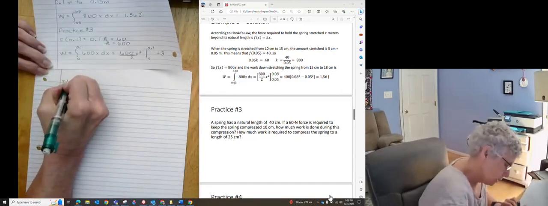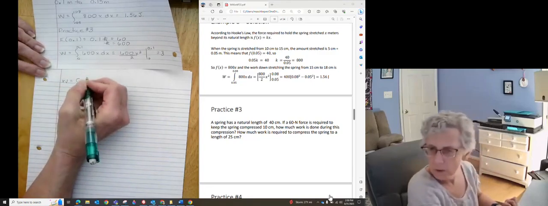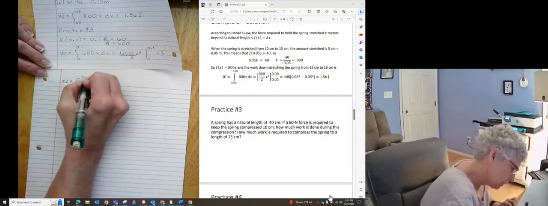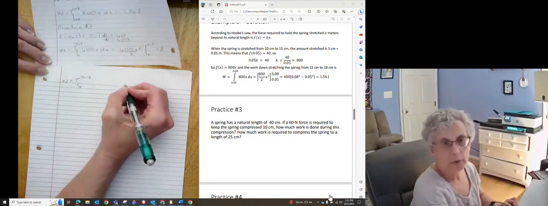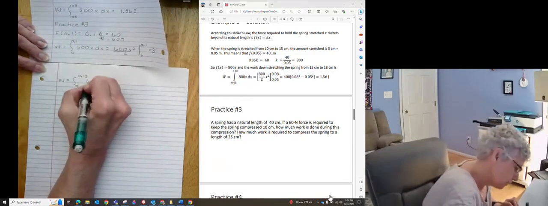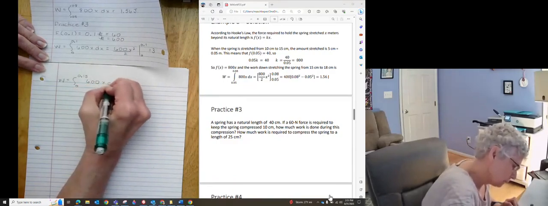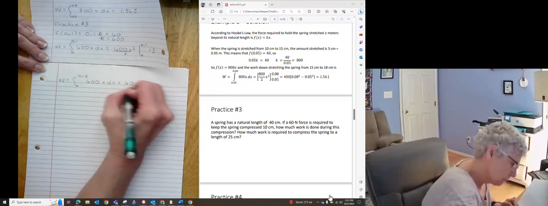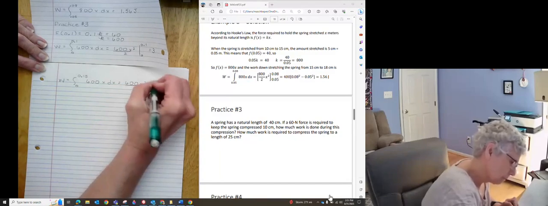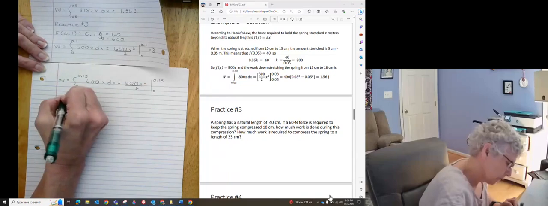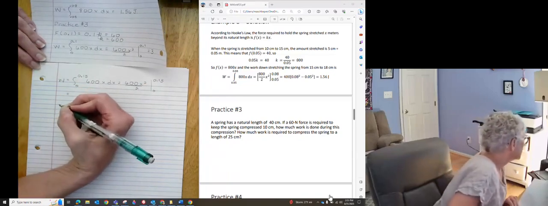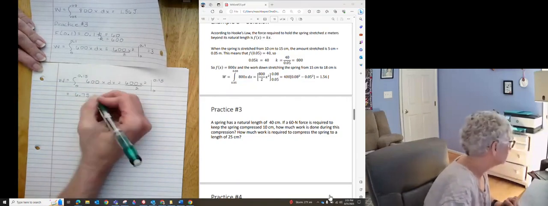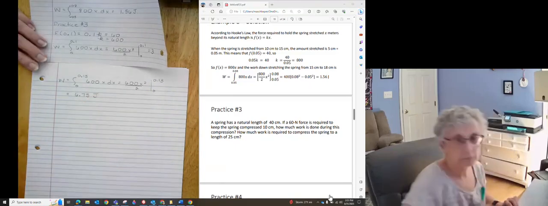It wants the total, so 0 to 0.15 meters of compression. And again, I did it earlier so you wouldn't have to watch me plug things in. 6.75 Newton meters or joules.